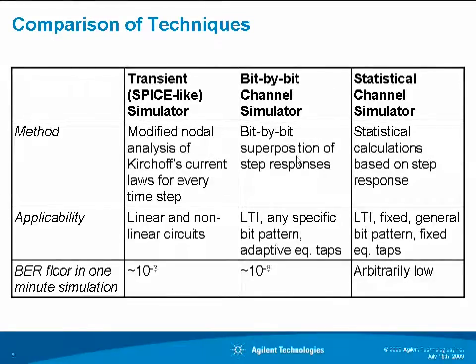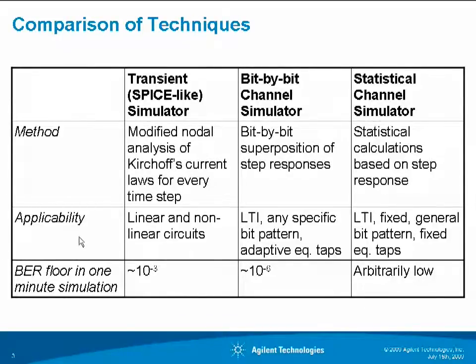A bit-by-bit channel simulation runs a short SPICE simulation just to get the pulse response of the channels, and after that it uses bit-by-bit superposition of the step responses for each bit in the bit pattern. A statistical channel simulation does statistical calculations based on the short SPICE step response or pulse response. The statistical calculations I'll go into in the next slide.